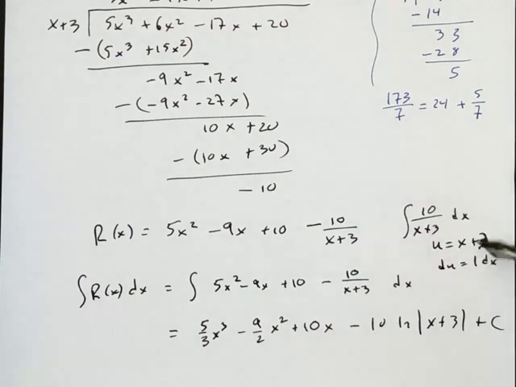Because that will make this 10 over u du. 10 over u is 10 ln of u. u is x plus 3.